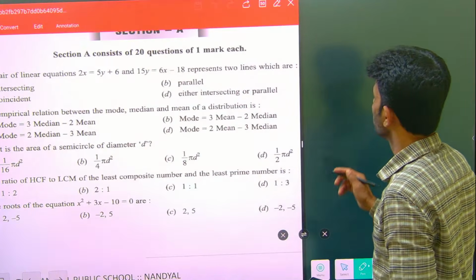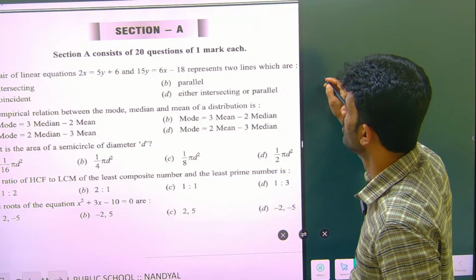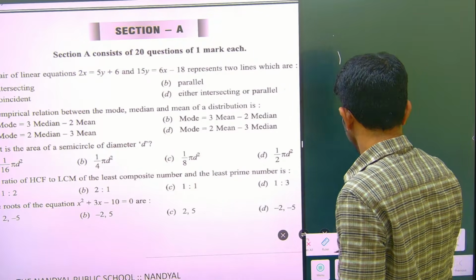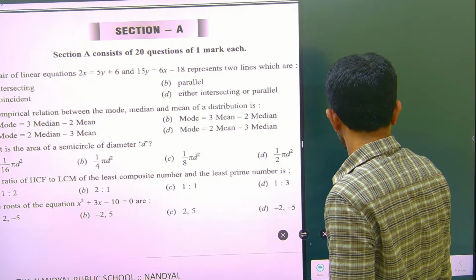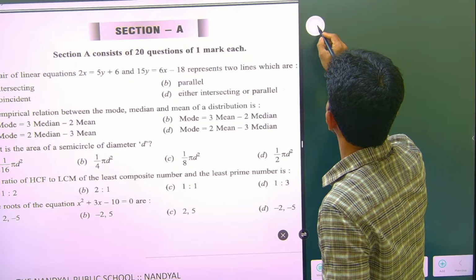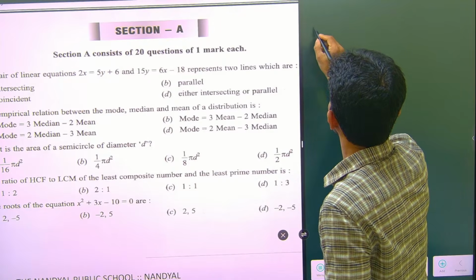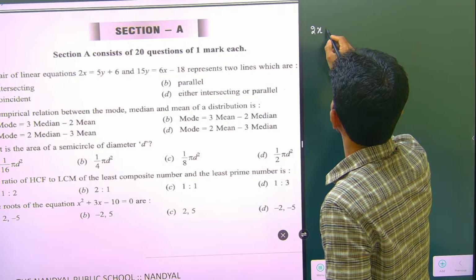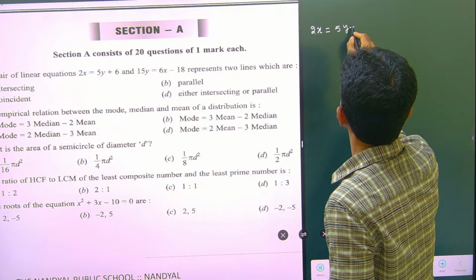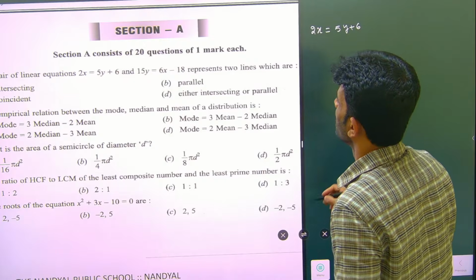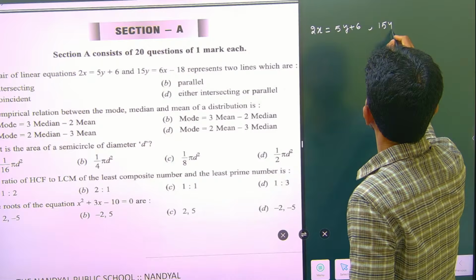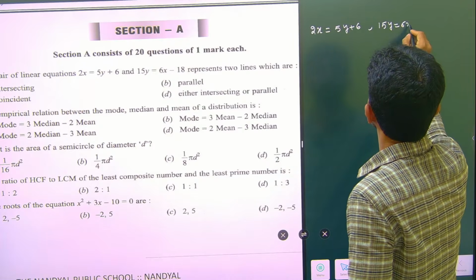The first question given here is 2x is equal to 5y plus 6, and another equation 15y is equal to 6x minus 18.